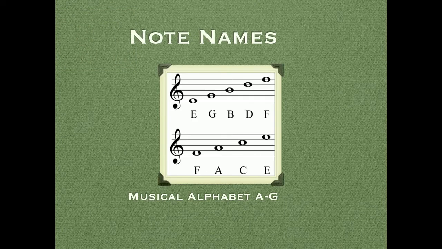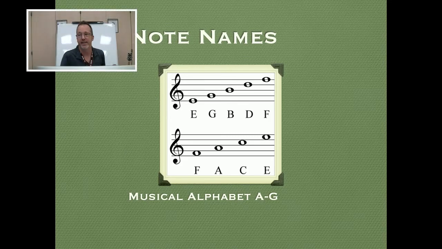Over the last couple of days, we've talked about the musical alphabet being A to G. And when we're looking at the note names here, if you've done the assignments inside of musictheory.net, you know that the lines are E, G, B, D, and F as they go up. One way to remember that is every good boy does fine.